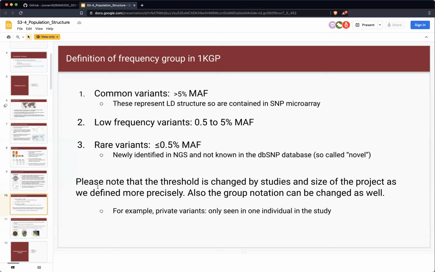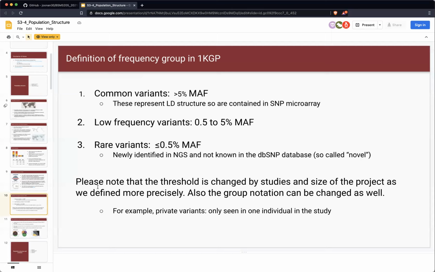So we can definitely look at much deeper and much rarer variants than defined in the 1,000 Genomes Project, right? And also we can more precisely bring the interpretation, as rare variants like less than 0.1% are really rarely present in our population, right?